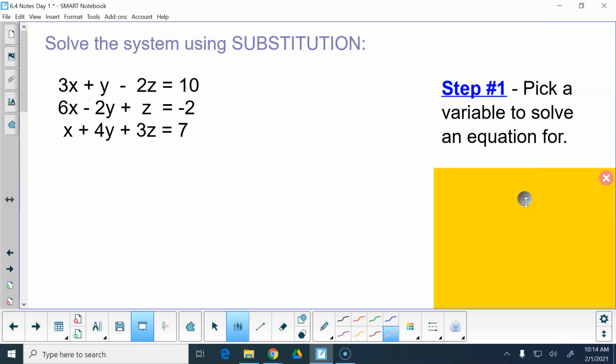Okay? So looking at this system of equations, which equation, which variable do you want to solve? X. Okay, that's the variable.